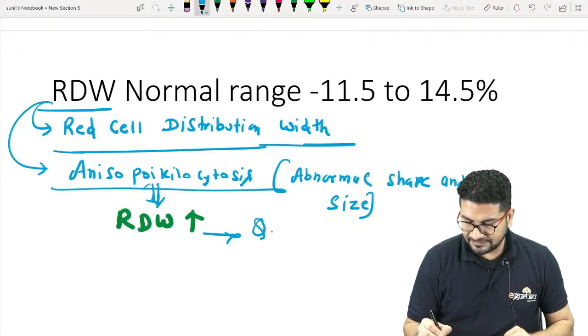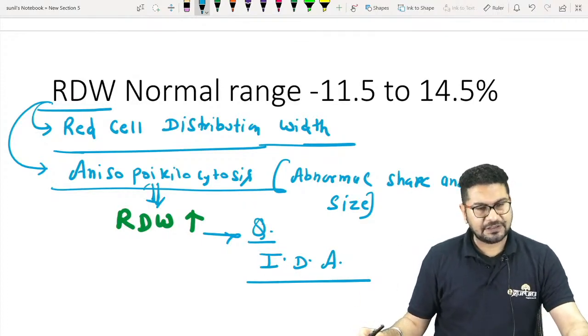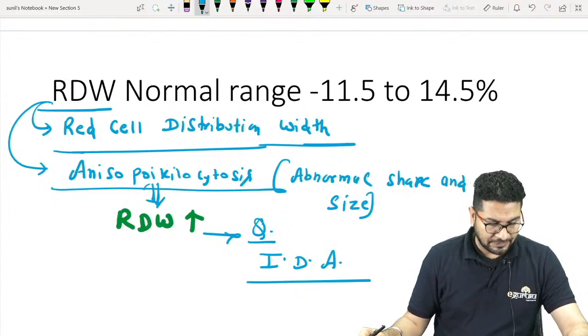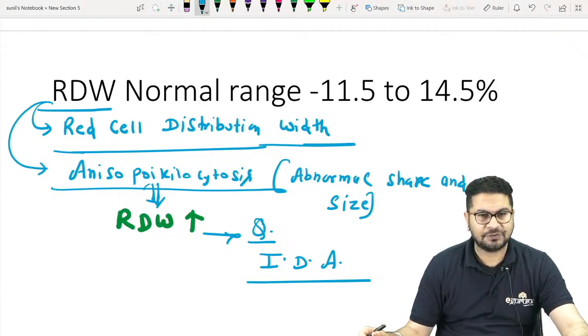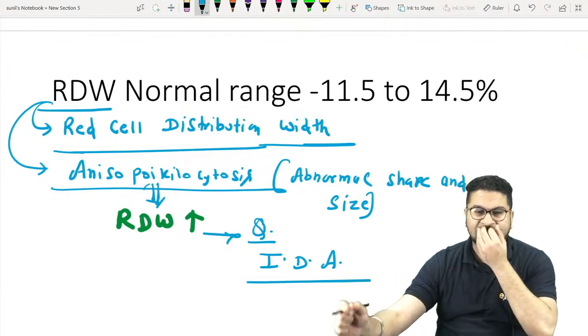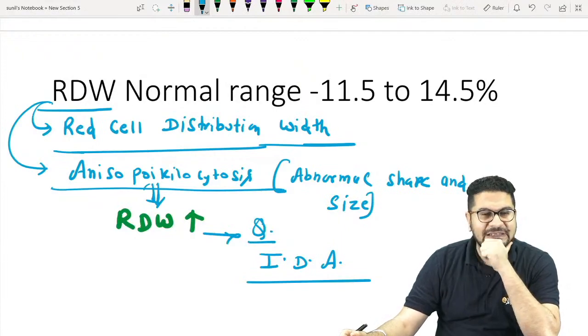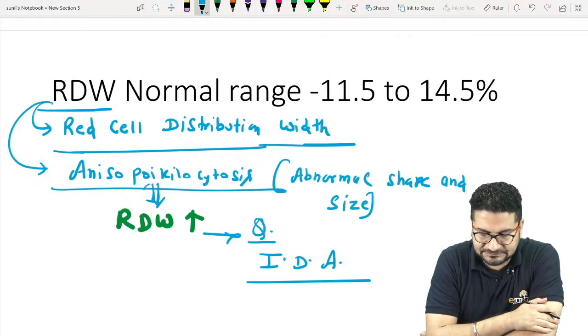This you have to remember. So RDW corresponds to abnormal shape and size of RBC. Am I clear, guys? With this in background, we will discuss the different types of anemia.